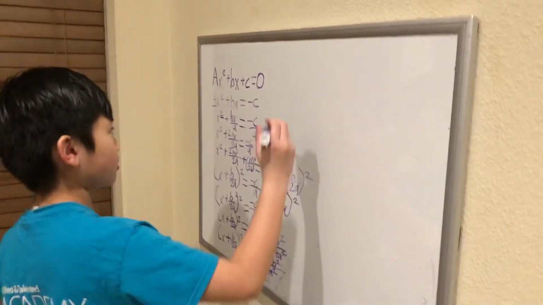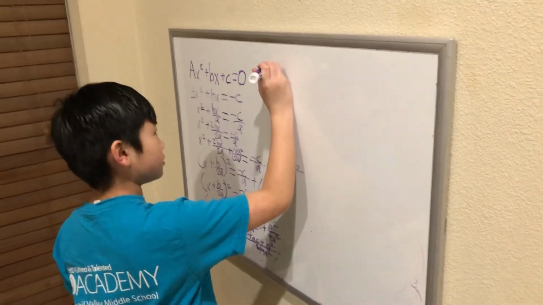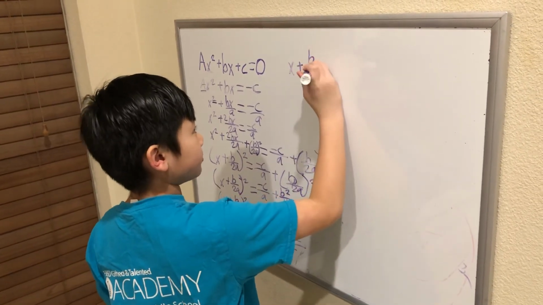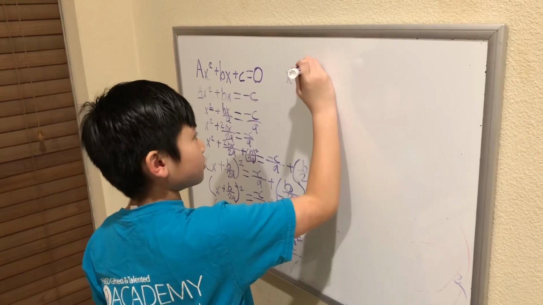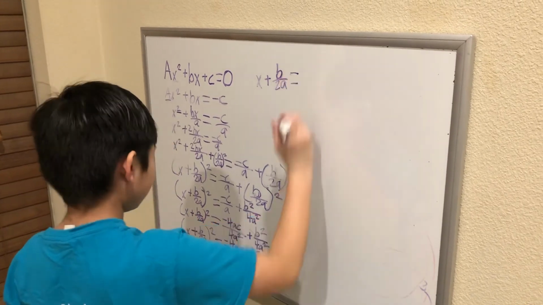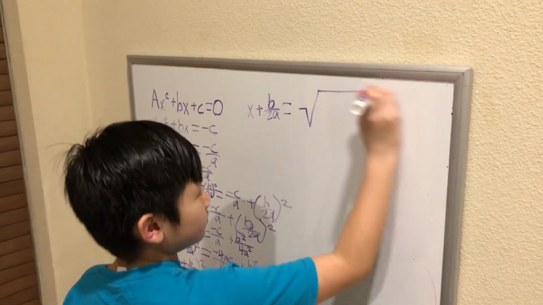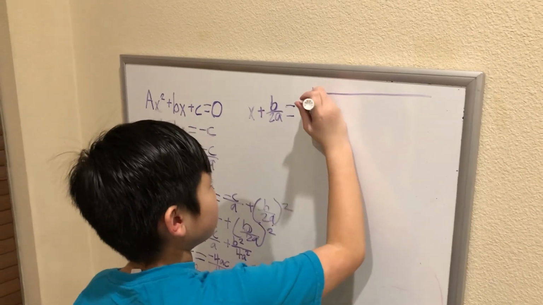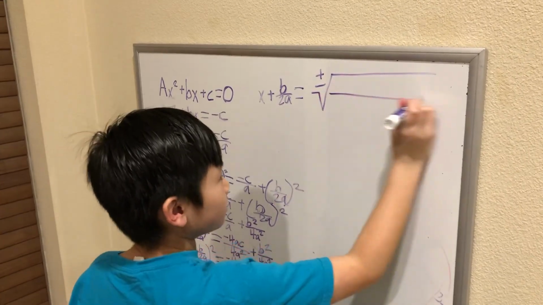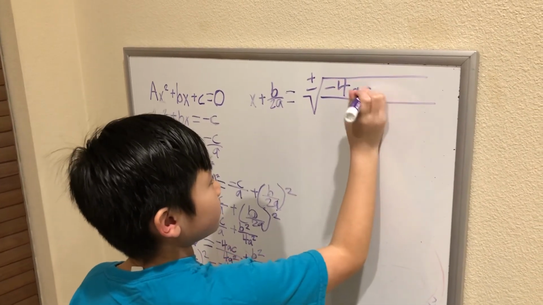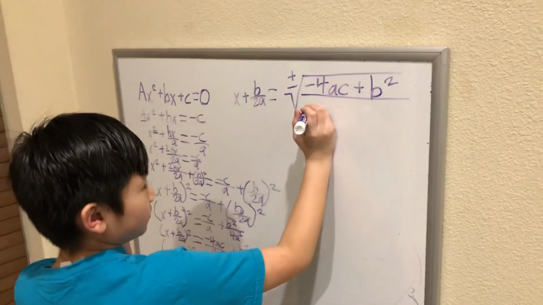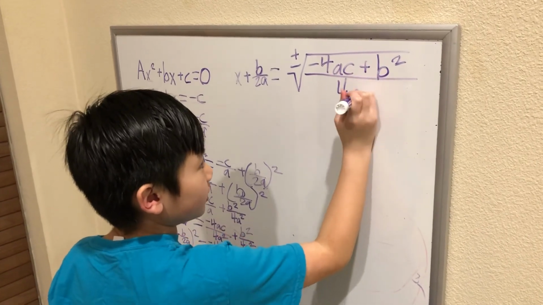So x plus b divided by 2a is equivalent to the square root of negative 4ac plus b squared, divided by 4a squared.